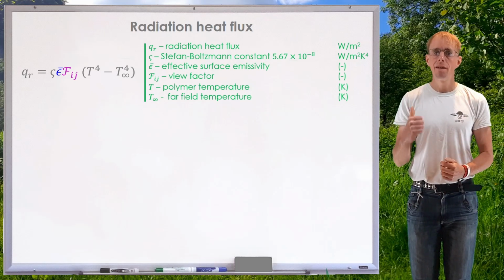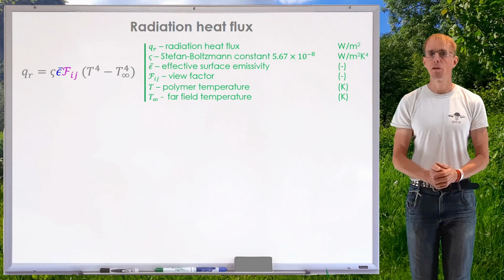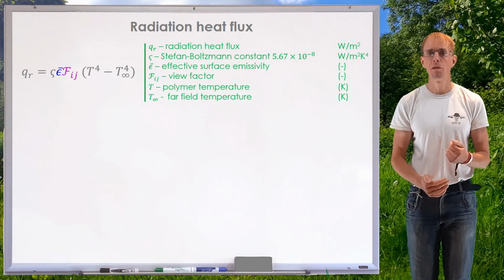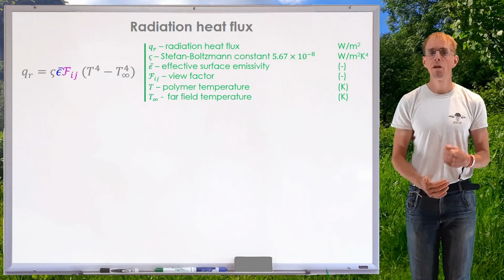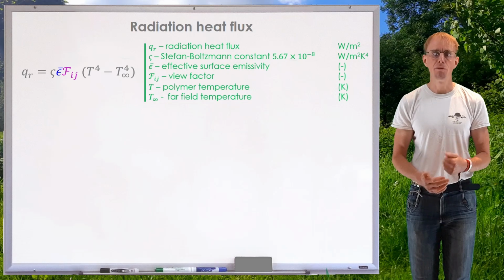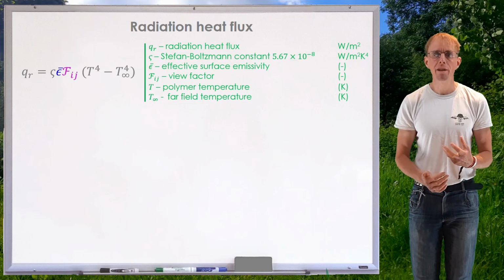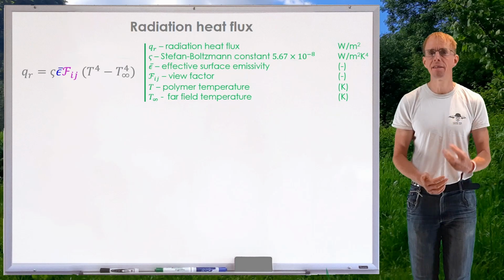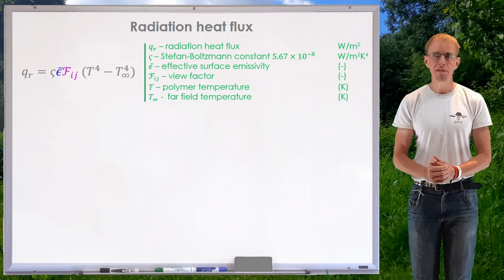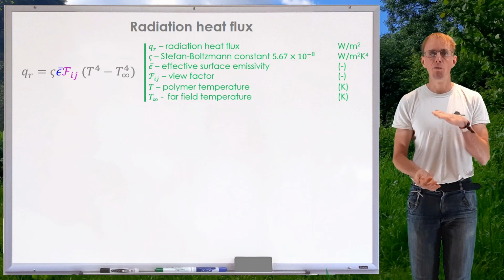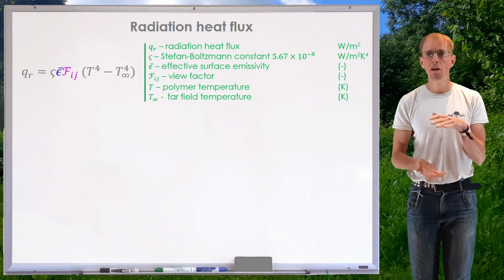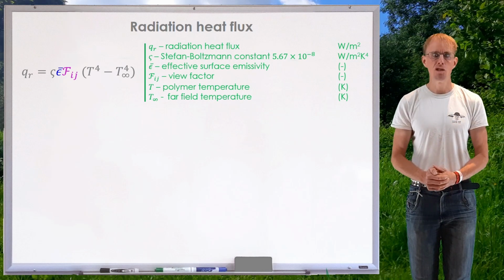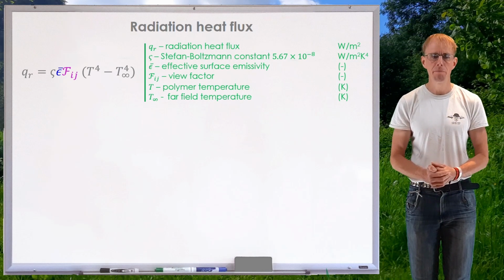We have little sigma, my Stefan-Boltzmann constant, which is 5.67 times 10 to the minus 8 watts per meter squared Kelvin to the 4. We've got epsilon bar. Now epsilon bar is my effective emissivity based on the emissivities of the source and of the receiver of that infrared energy. And we'll talk more about epsilon bar in a minute.